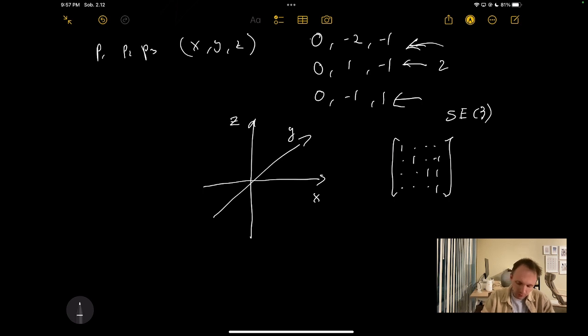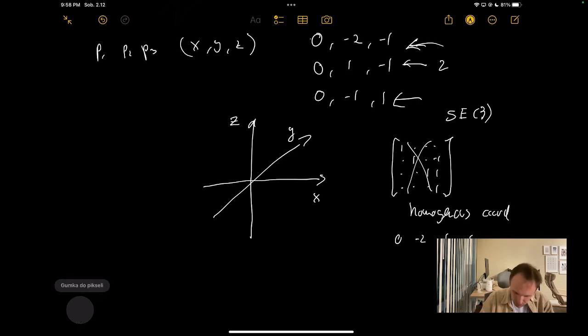But sometimes, for the sake of computational efficiency, we would just omit this and treat it only as so-called homogeneous coordinates. So a point is like 0, minus 2, minus 1, 1, and this 1 at the end is the homogeneous part. There's a distinction between a vector and a point, so 0 and 1.